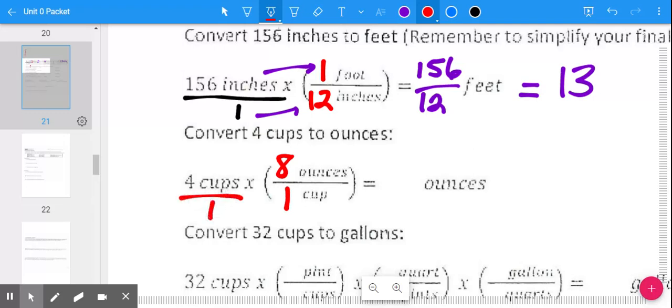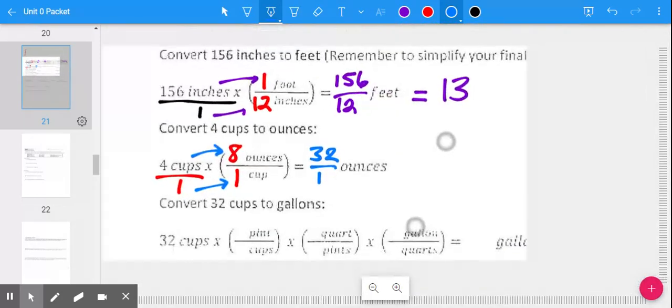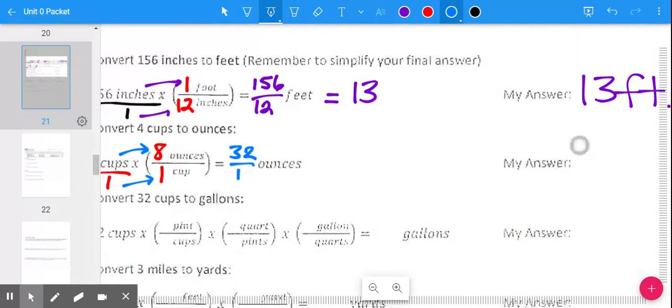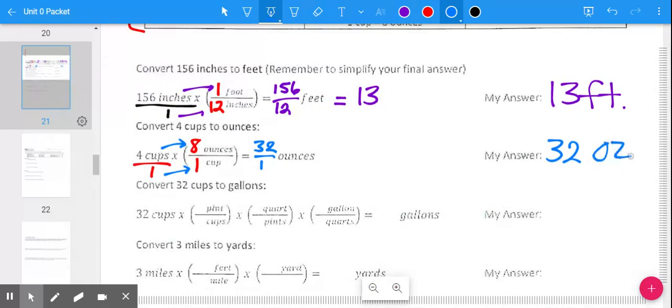Again, every whole number is on top of 1, so that helps you multiply straight across. 4 times 8 is 32. 1 times 1 is 1. So 32 divided by 1 is 32 ounces. So 4 cups is the same as 32 ounces.